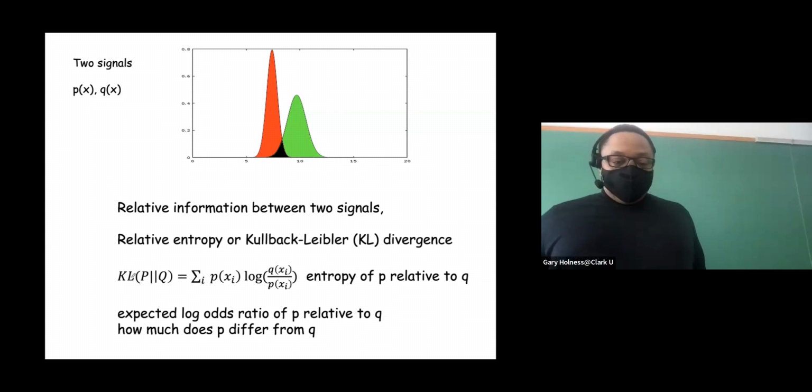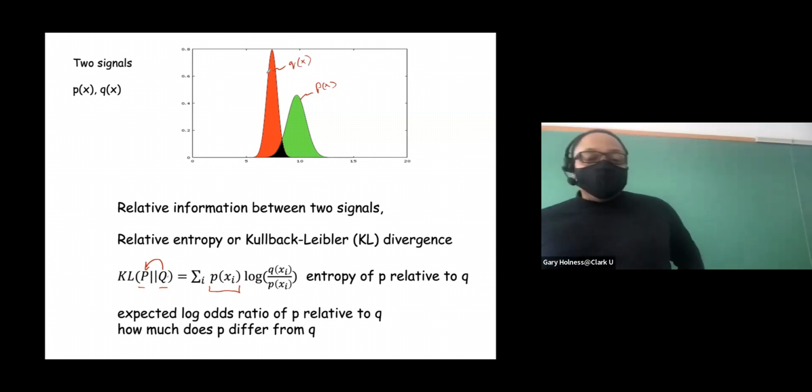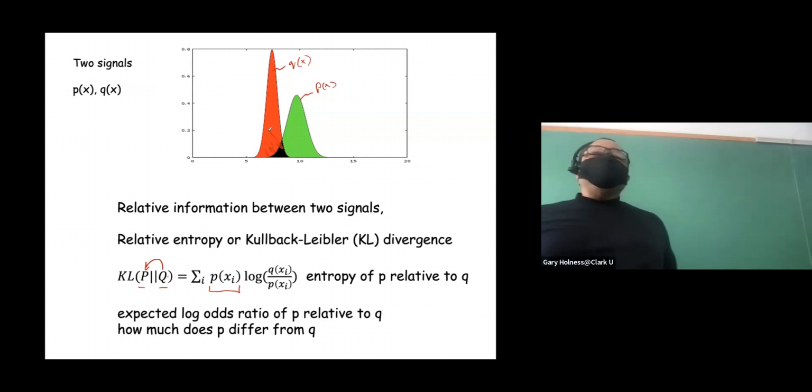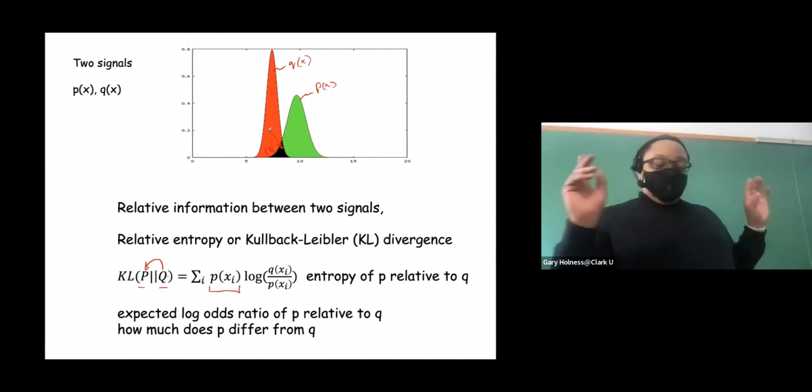Now, the notation looks kind of funky, but that's the literal notation. We have the KL divergence between signals P and Q, and this is an expected value, so it's a probabilistic average. And you'll notice here, it's Q relative to P. It's almost like saying, let me take distribution P. Let's imagine this was distribution P, and let's imagine this red was distribution Q. It's almost like saying, let me take distribution Q and project it onto distribution P to see where they share this information.